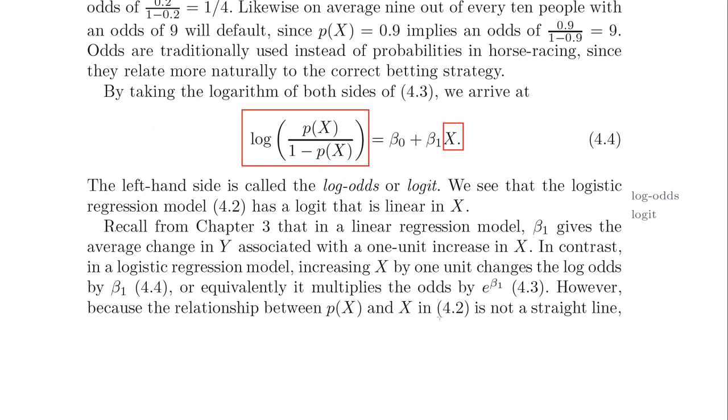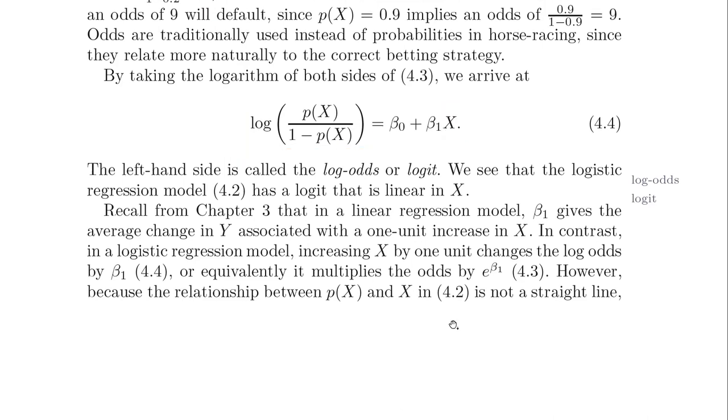Recall from chapter 3 that in a linear regression model, beta 1 gives the average change in Y associated with a 1 unit increase in X, whatever the value of X is.